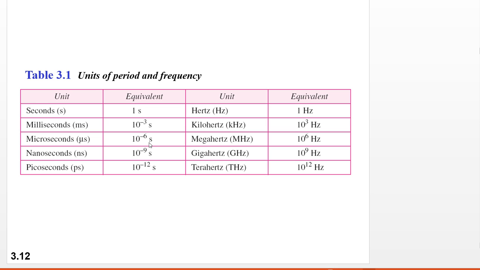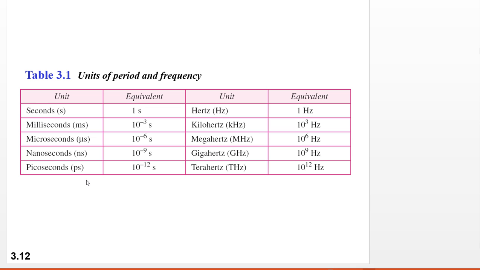Microseconds, if you are using 10 to the power of minus 6 seconds in time format, the frequency we can write in the form of megahertz, equivalent to 10 raised to 6 hertz, a conversion that you obviously know. Nanoseconds, that is 10 to the power of minus 9, so frequency can be called gigahertz, 10 to the power of 9 hertz.